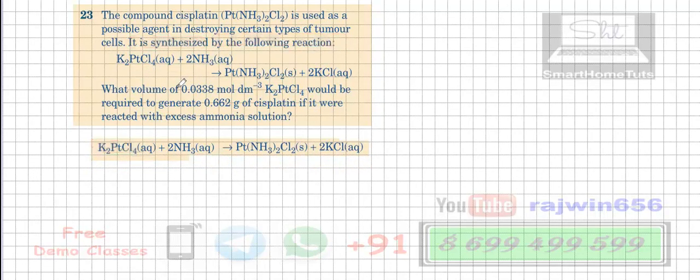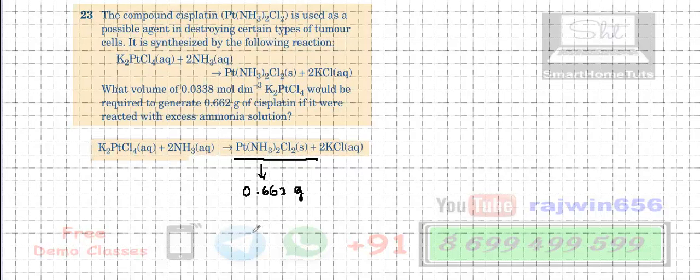Now what volume of 0.0338 moles per dm cube of K2PtCl4 would be required to generate 0.662 grams of cisplatin? Basically, the mass of cisplatin is given to us, that is 0.662 grams.